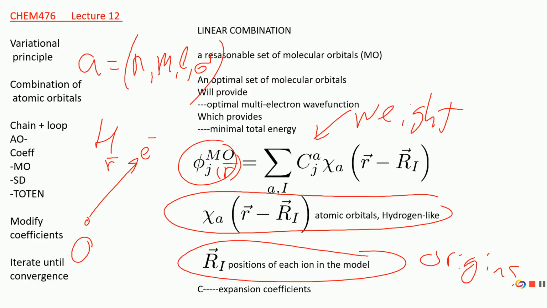And the only thing that we can modify are these expansion coefficients. So we add together atomic orbitals, and they are used as a basis, similar to a Fourier transform or differential equations, to find the molecular orbitals.